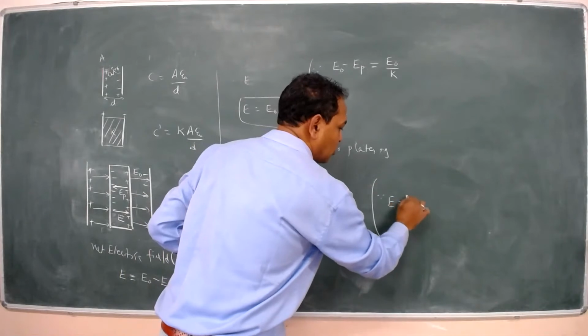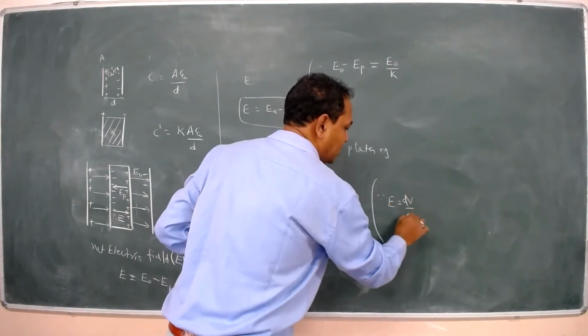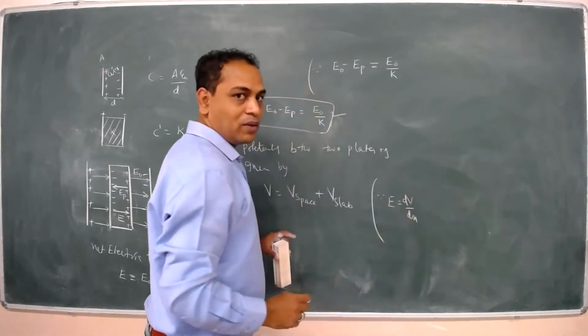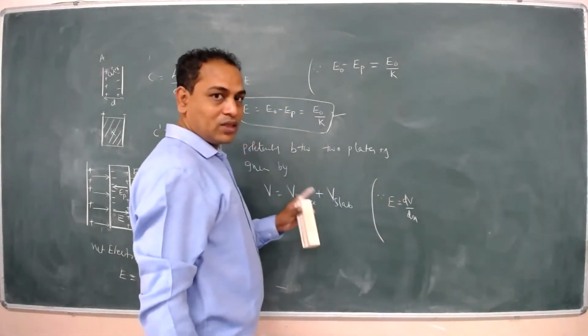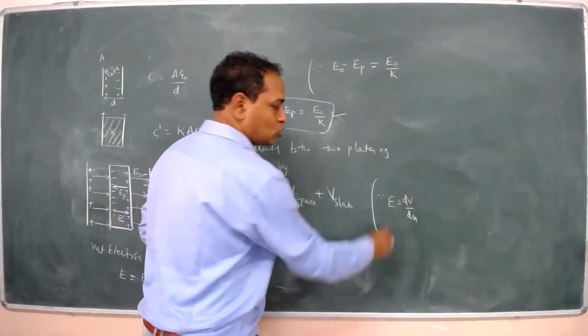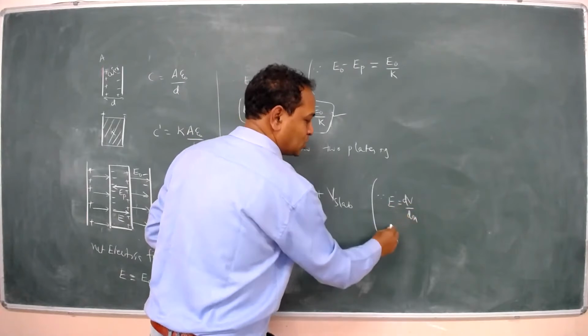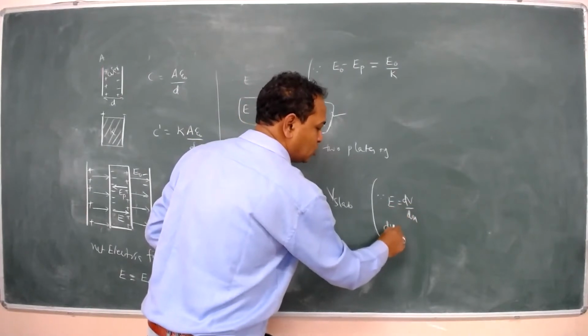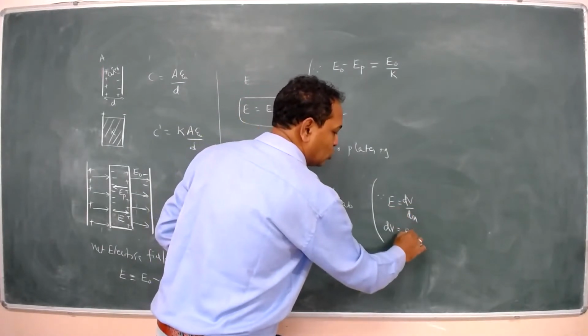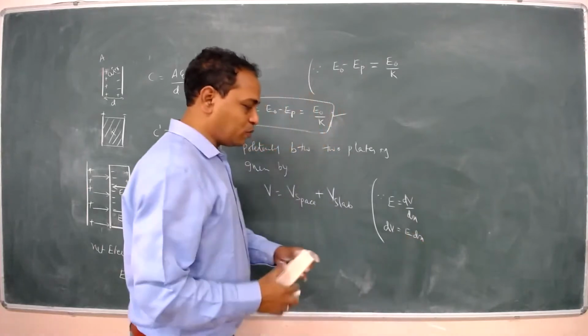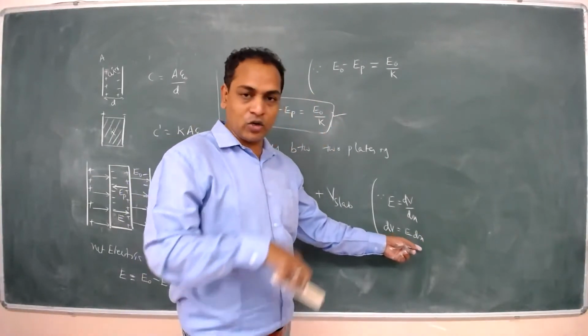Since we know one formula, E is equal to dV by dx. Actually a minus should come, but here I am taking the magnitude. So E is equal to dV by dx, or dV is equal to E dx. That means potential is equal to electric field into distance.